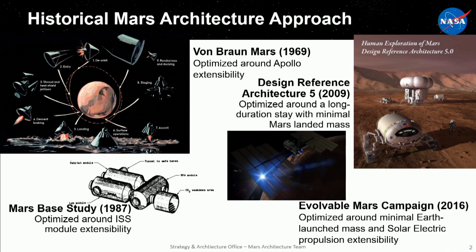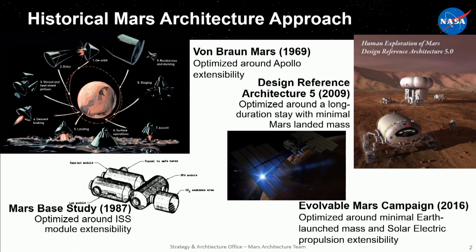Werner von Braun started with the optimization of using the Apollo program's elements to see what we can do to send humans to Mars. There was a study in the 80s looking at, if we build ISS, can we use some of those elements to extend to Mars? The RA5 also had some current elements. These are all very element-specific, design-driven approaches.